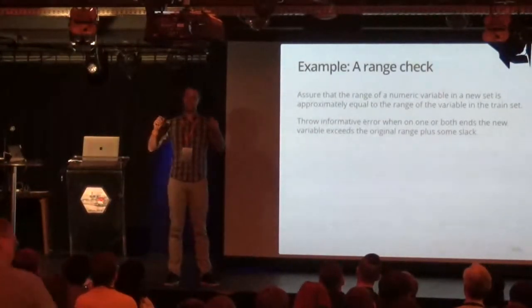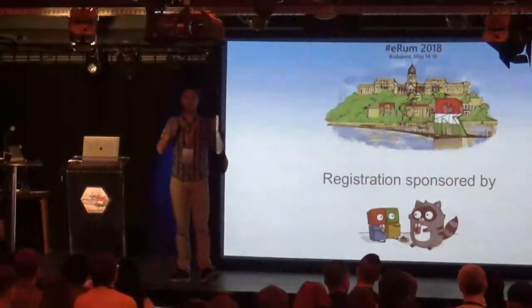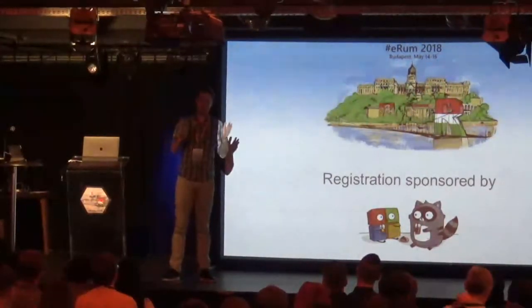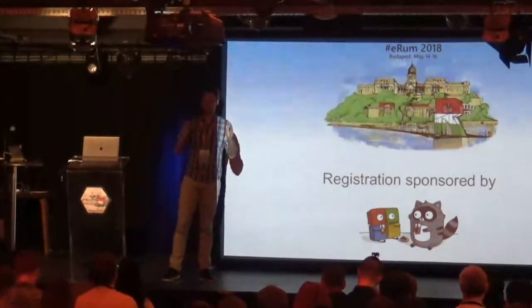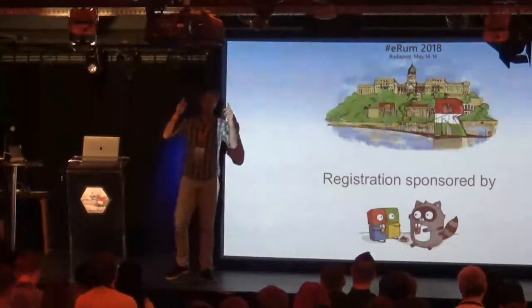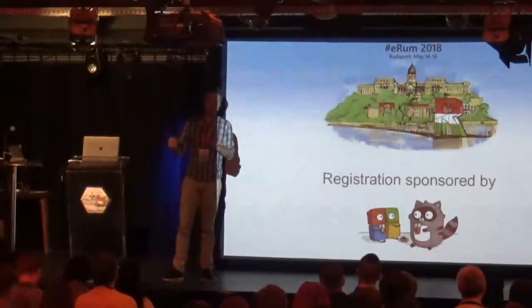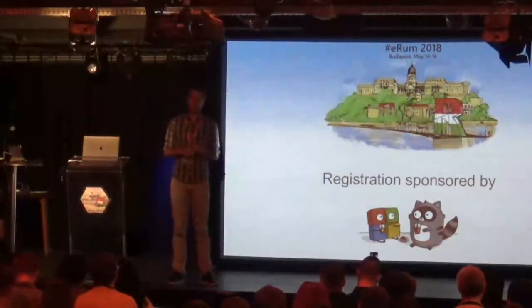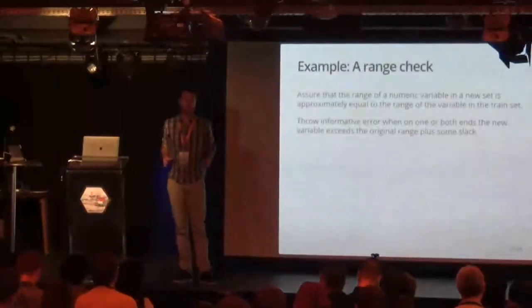It checks if the range of a variable in the test set is approximately the same as in the train set. That one is going to be implemented soon. That's more the general range, but it also captures outliers.